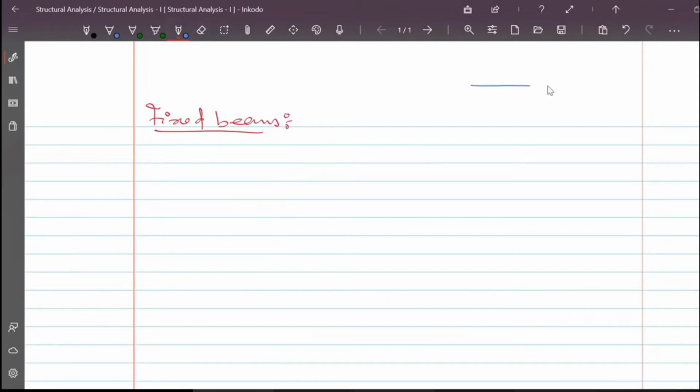This end is fixed. This is A, and this is B. And we have two loads over here. Let's say W1, and this is W2.